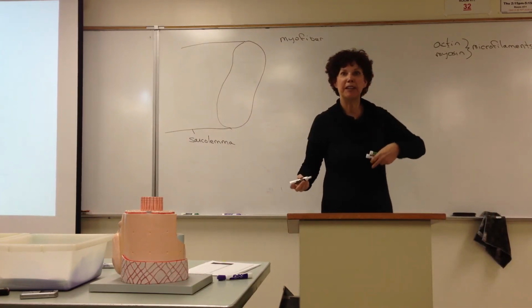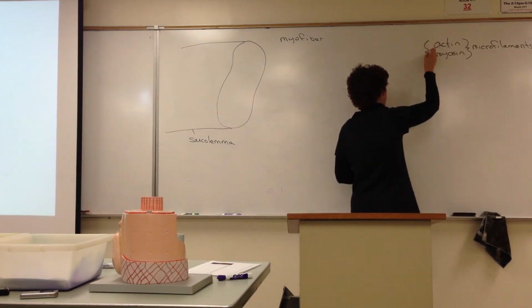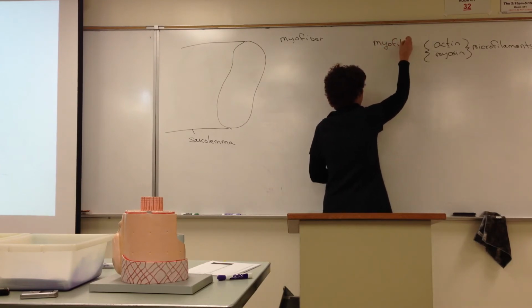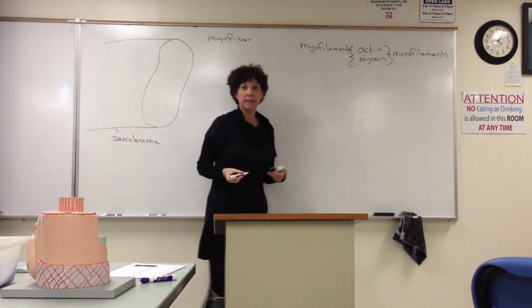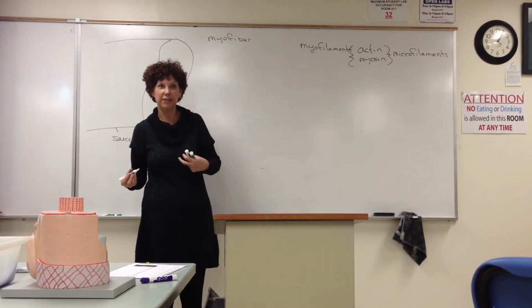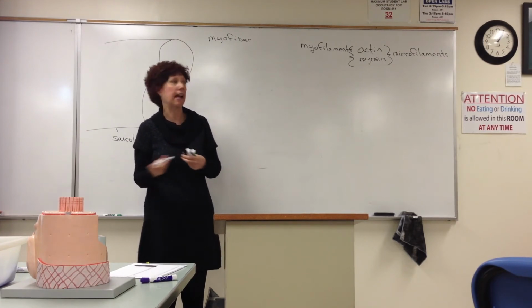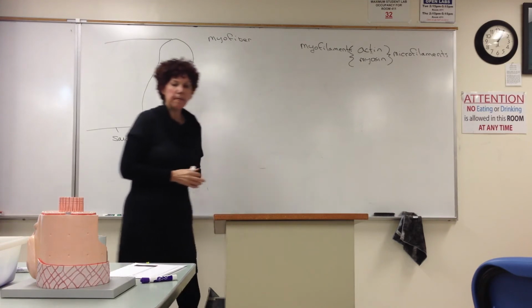Well, these microfilaments, when they are inside a muscle cell, are known as myofilaments. They're still microfilaments as far as being a cytoskeletal structure, but we just call them myofilaments when they're inside a muscle cell.